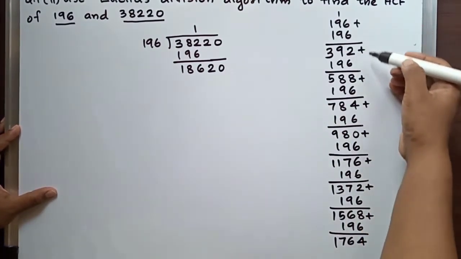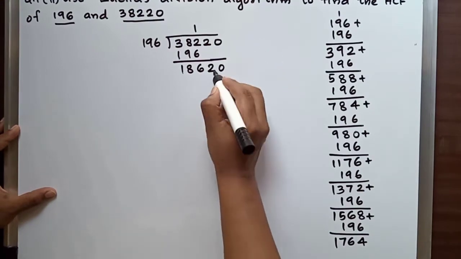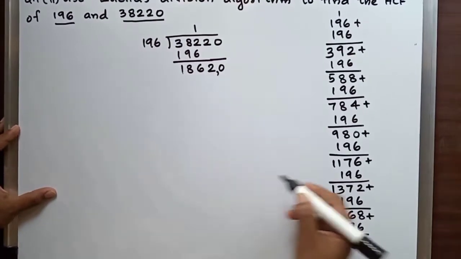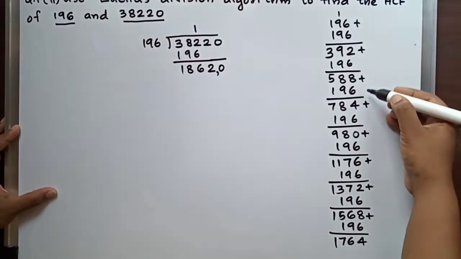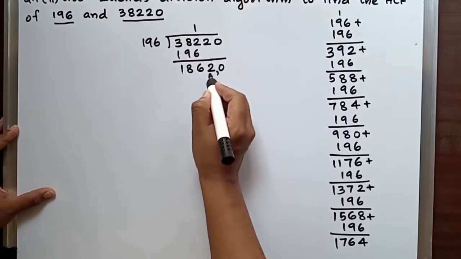See, what is the next number we have to consider? 1862, right? See, here I have added 196 continuously. Finally I got 1764. Obviously we know that if we add one more 196 here, it will exceed this 1862, right?